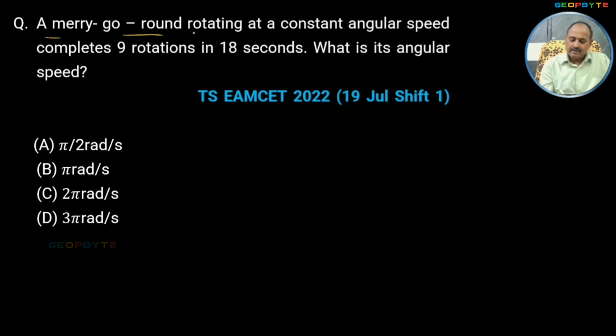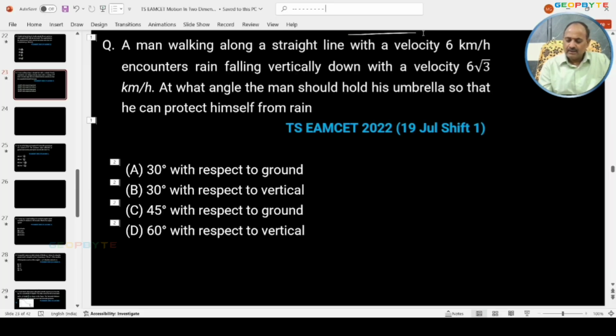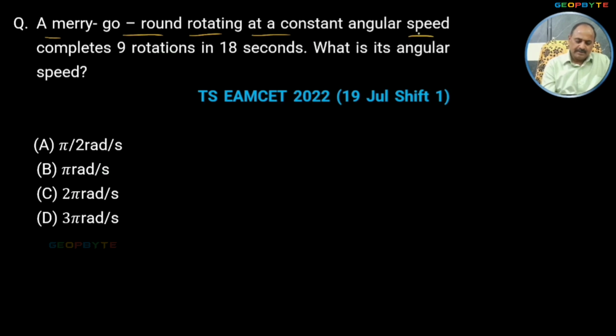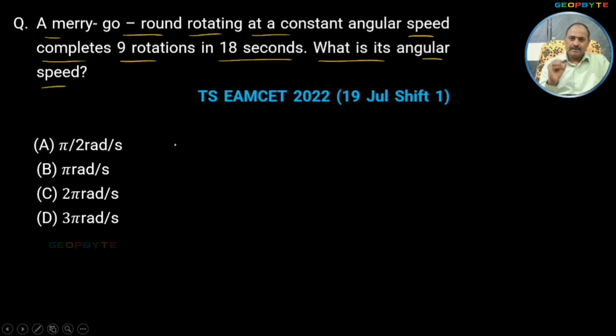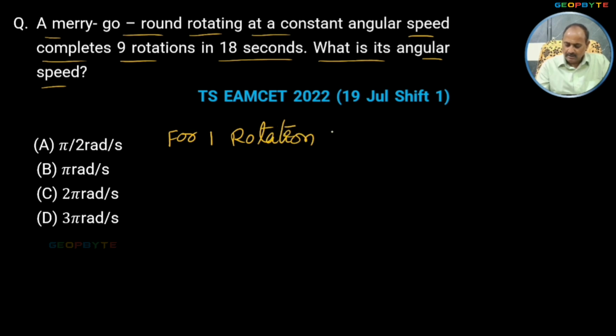Look at this problem. A merry-go-round rotating at a constant angular speed completes 9 rotations in 18 seconds. What is its angular speed? You know, for one rotation, angle theta equal to 360 degrees equal to 2 pi radians.